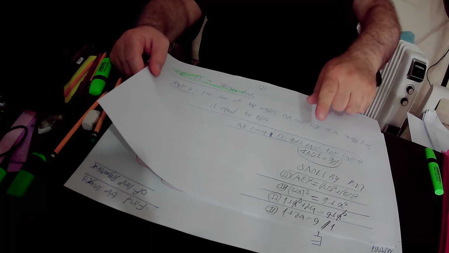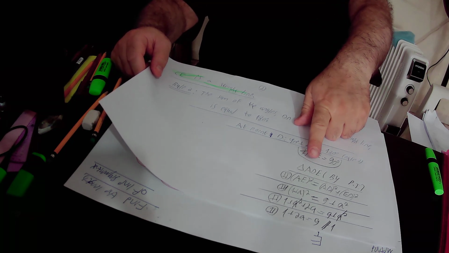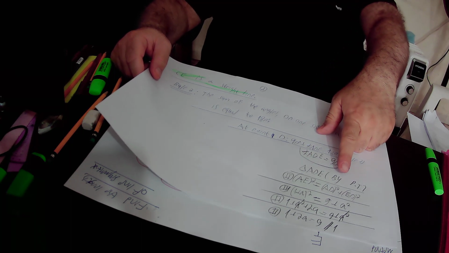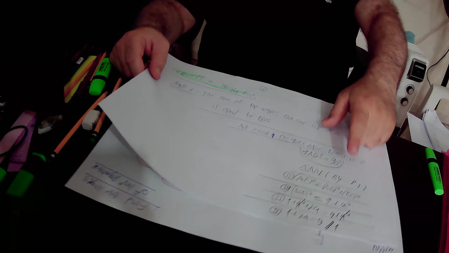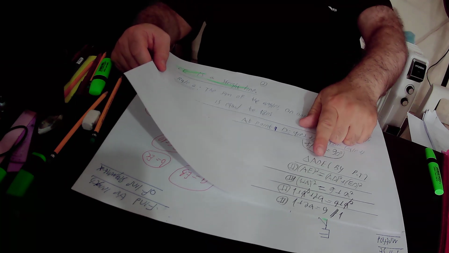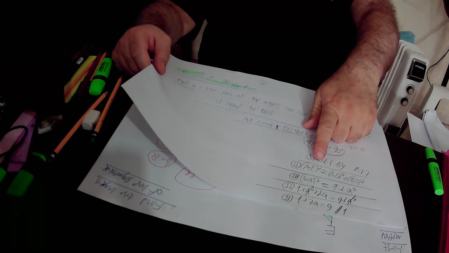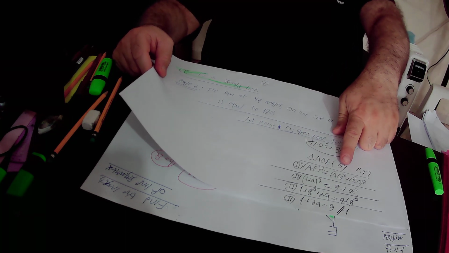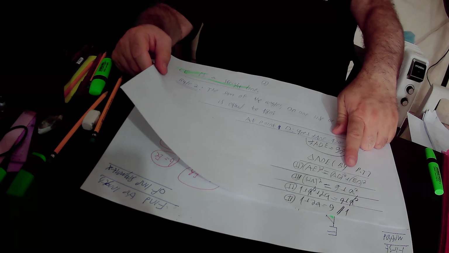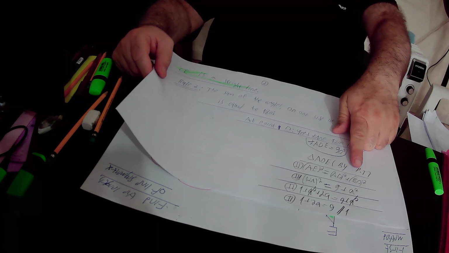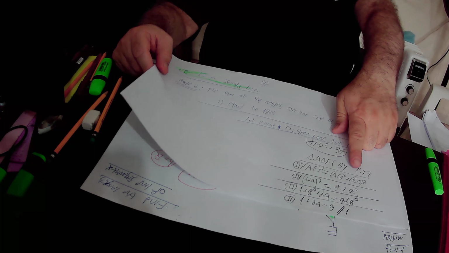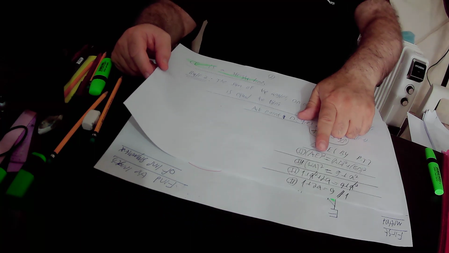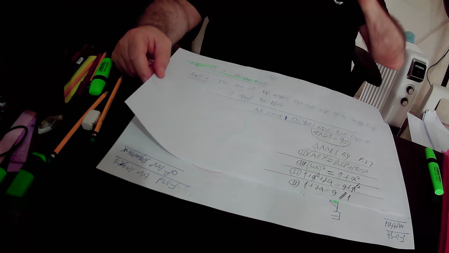So AE square, where AE is 1 plus A, equals AD square plus ED square. AD is 3, so AD square is 9, and ED equals A, so ED square is A square. So according to equation number 2, (1 plus A) square equals 9 plus A square.